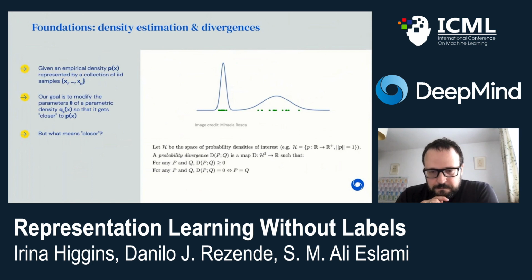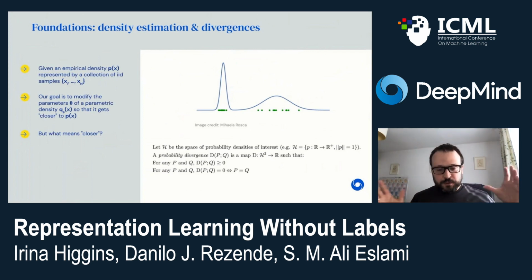And what does it mean to fit in light of this? It means that we want to approach the density of the data by the density function defined by the model, according to some measure of mismatch between these two densities.